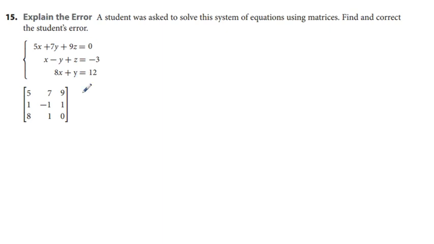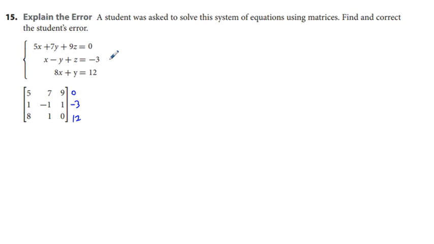And so what you need is another column with 0 over here, and then x minus y plus z equals -3. So you're going to have -3 over here, and finally 8x plus 1y, and there's no z, so that's 0 equals 12.